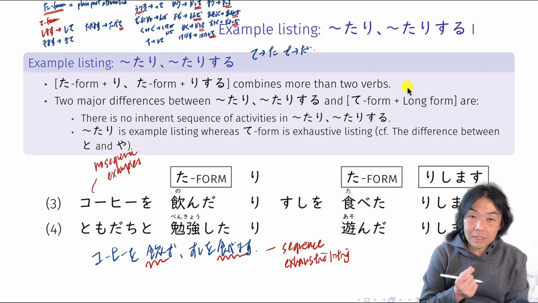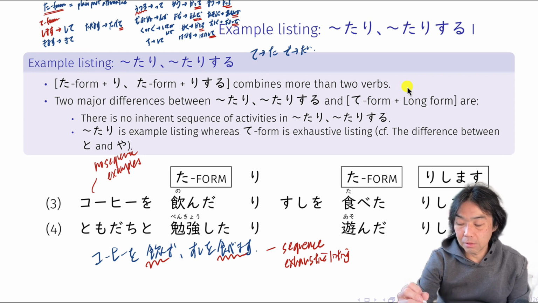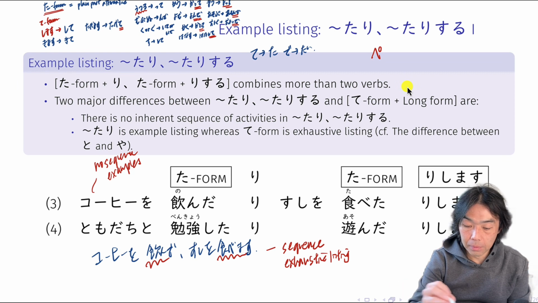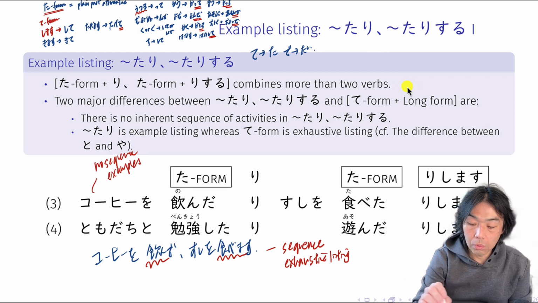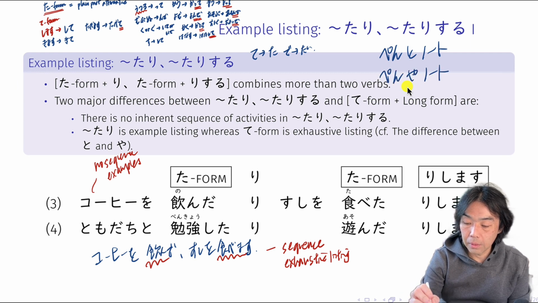If you think about this, Japanese cares about this difference a lot. And in Japanese 101, you study the two different "and"s. So we can say pen to note, or pen ya note.